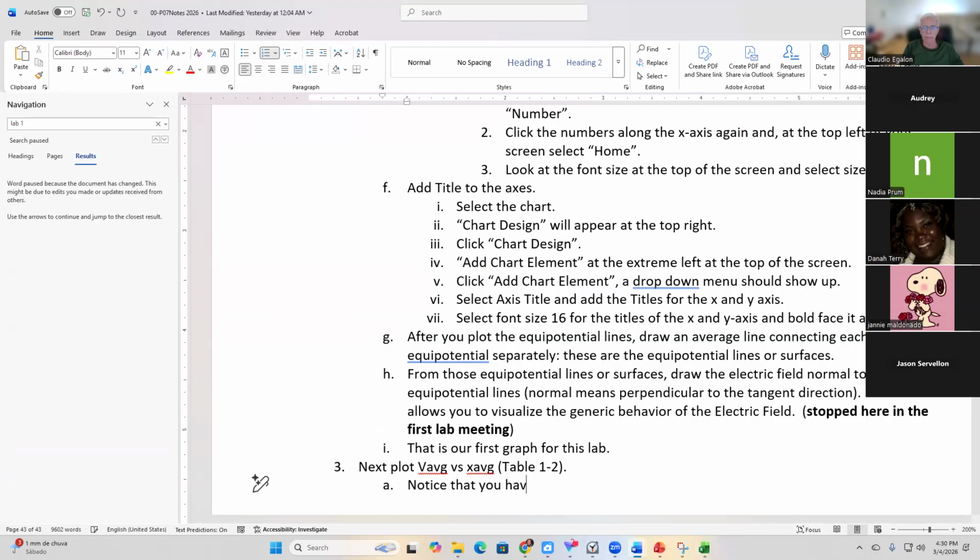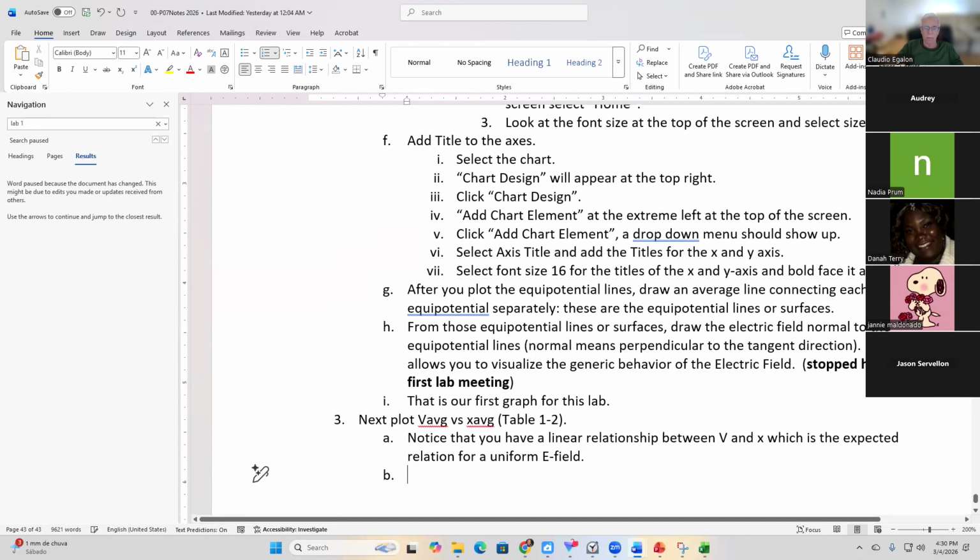Notice that you have a linear relationship between V and X, which is the expected relation for a uniform E field, right?